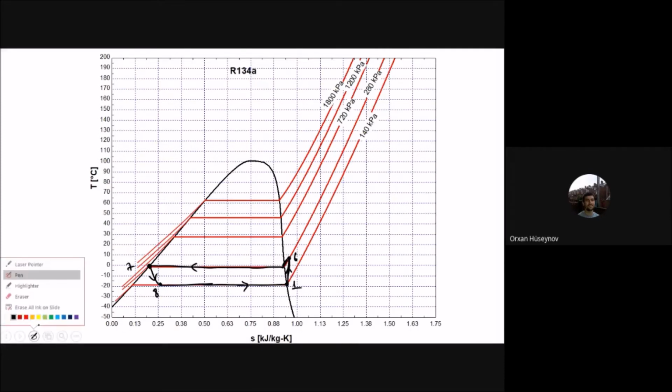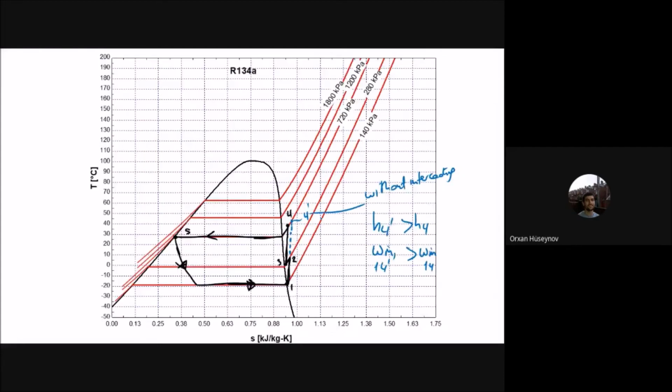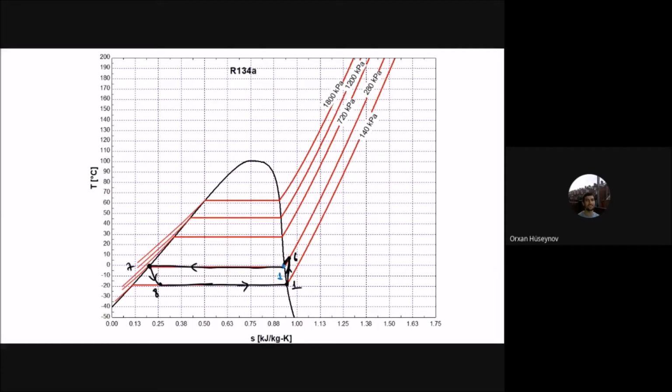Let's draw the topping cycle now. For the topping cycle, I will start from 1, and the 1 starts at the 280 kilopascal here, to the point where 1 starts. Okay, and it will go in that direction here. And then it goes to point 2 here.